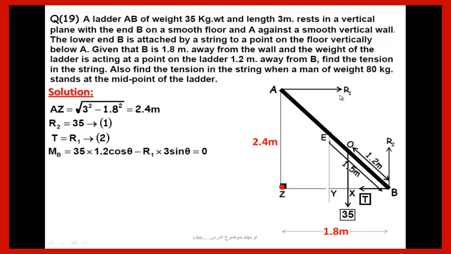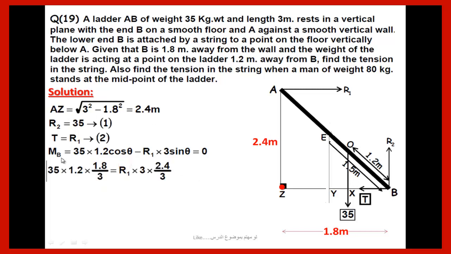The moment of R1 is negative R1 multiplied by AZ. What is the length of AZ? It will be 3 sine theta, and we can use AZ from the beginning, which is equal to 2.4.